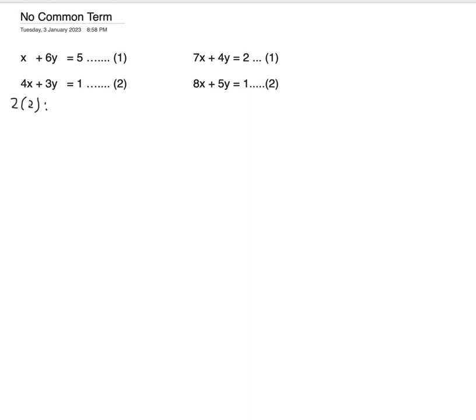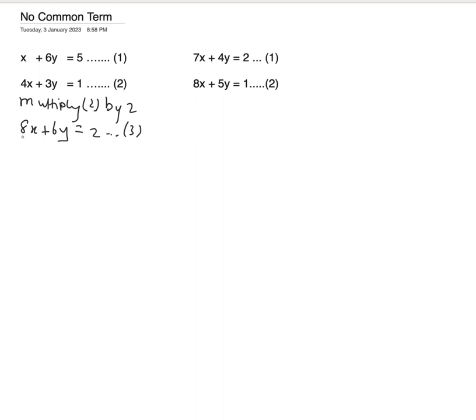So multiplying the equation 2 by 2 will give us 8x plus 6y equals 2. And this is labeled as the third equation.